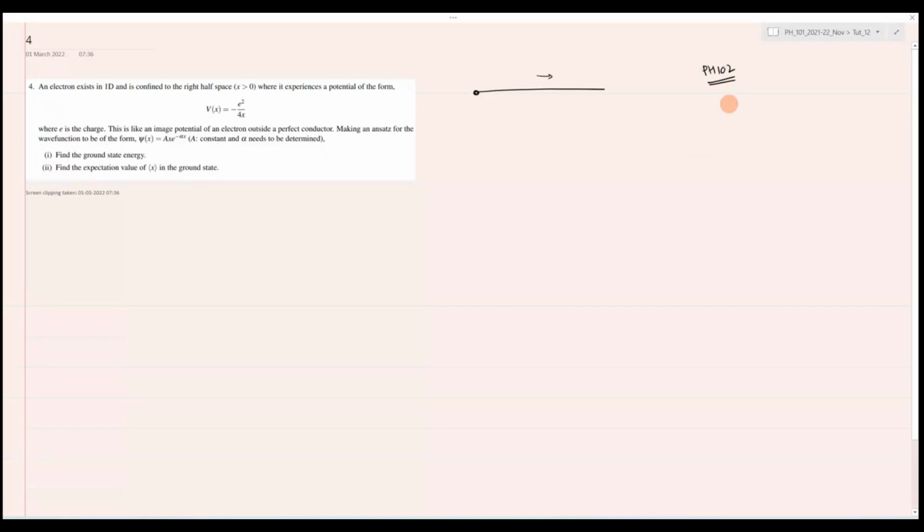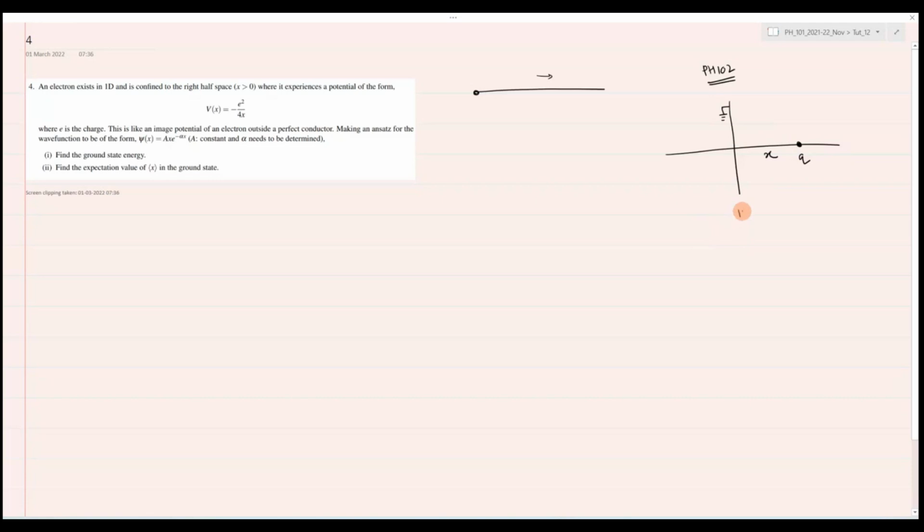Okay, if you have a conductor and you are putting a point charge at a distance x, and this is a grounded conductor, suppose, and you want to find the potential of this configuration.